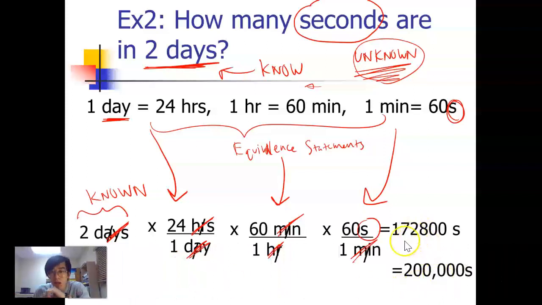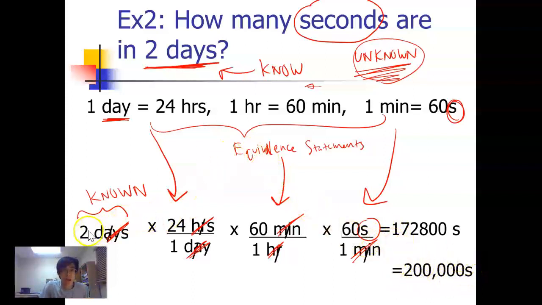It's going to give me 172,800 seconds. But why is it converted to only 200,000 seconds? That's because of what I remember from my lesson with sig figs, right? I can only write my answer in multiplication based on the smallest number of sig figs.